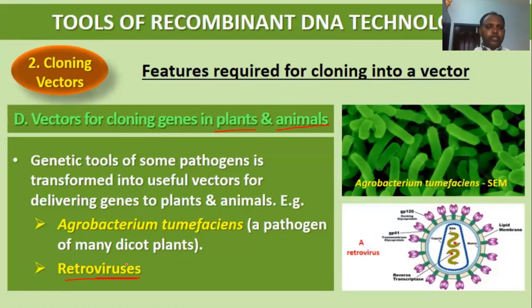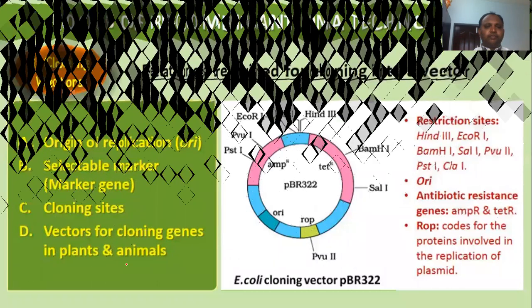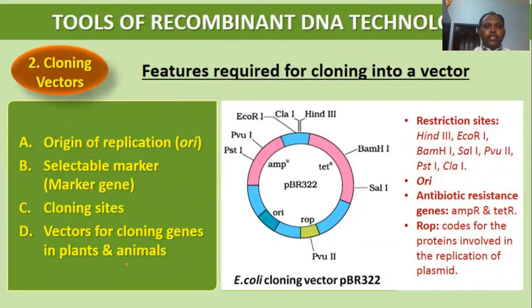So up to this, we discussed the restriction endonuclease enzyme and the different types of cloning vectors we have, okay? So next class, we'll continue with the features required for cloning vectors. Suppose I listed different DNA molecules that act as a vector.